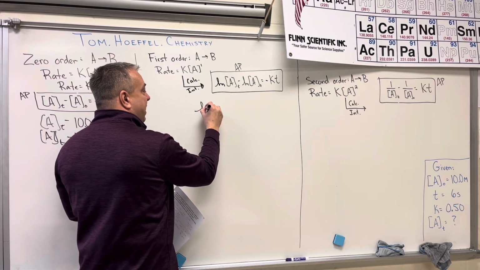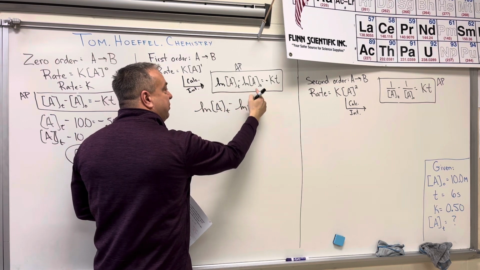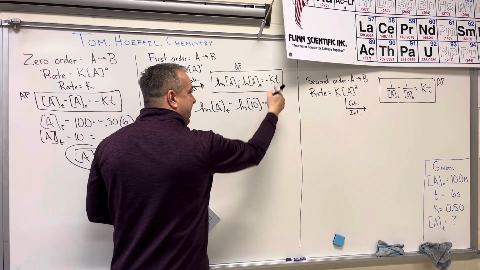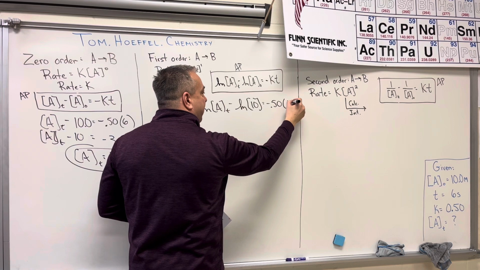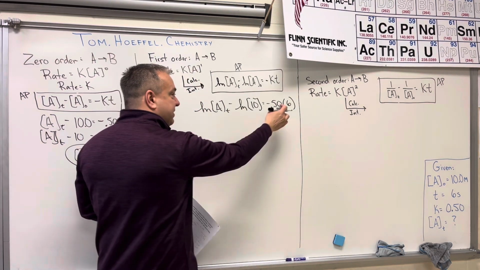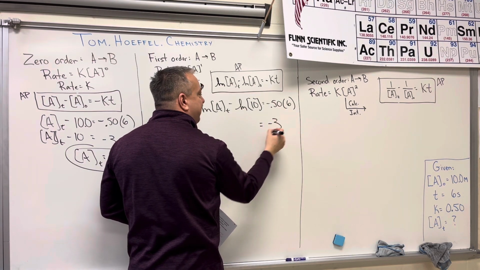We have the natural log of the amount at time t minus the natural log of the initial amount, which was 10, and that's equal to negative k, which is 0.5, multiplied by 6 seconds. So once again, 6 times 0.5 is going to give us negative 3.